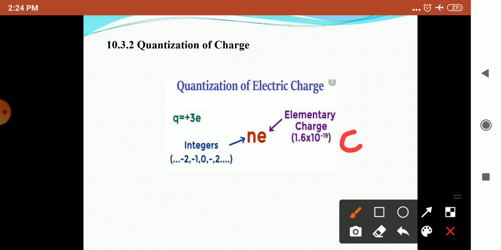This is called the elementary charge, which is shown by small e, and its unit is coulomb.